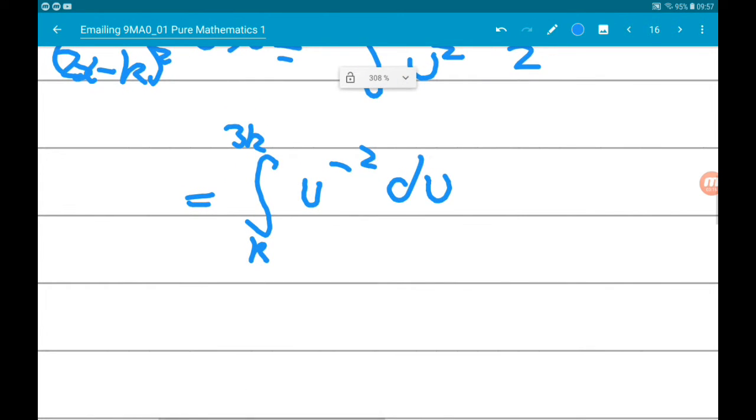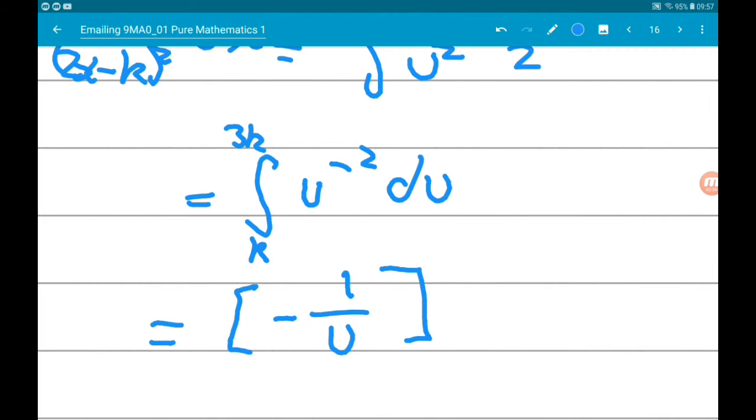Now, u to the minus 2 integrates to minus u to the minus 1. So we get minus 1 over u between 3k and k.